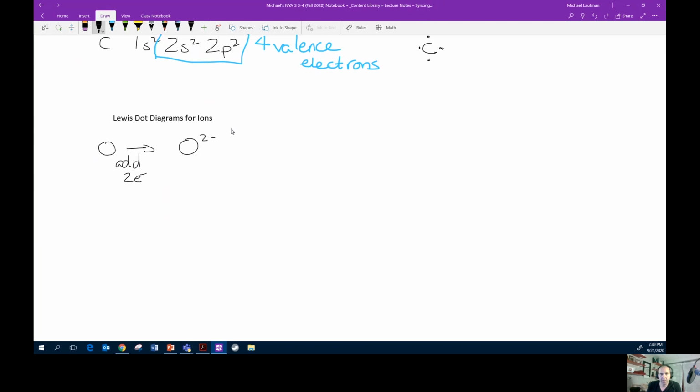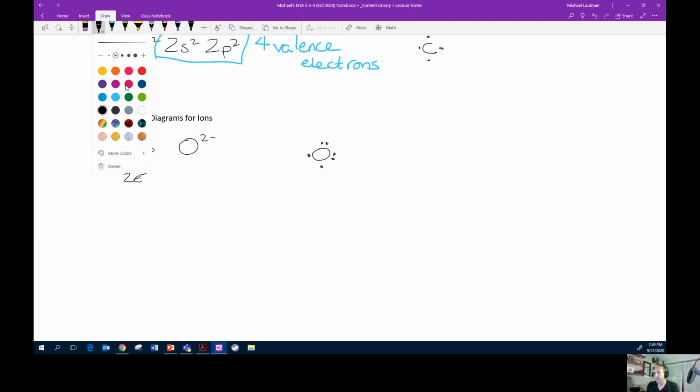And so what does that mean? How do we handle this? Well, really simple. Just like in electronic structure or electron configuration or orbital box diagrams, we just add more electrons. Same thing for Lewis diagrams. So if I have oxygen, which has 6 valence electrons, so 1, 2, 3, 4, 5, 6, I'm going to add 2 more, right? 7, 8.